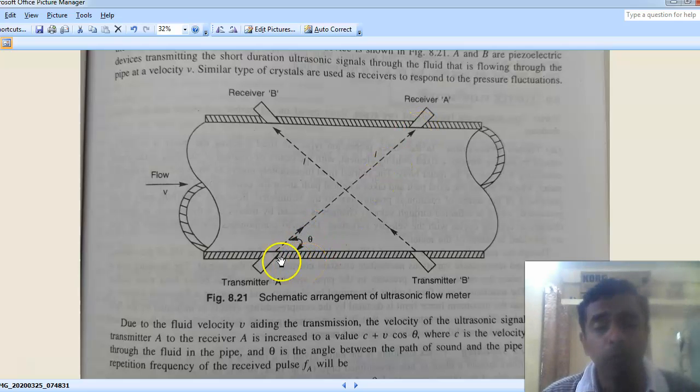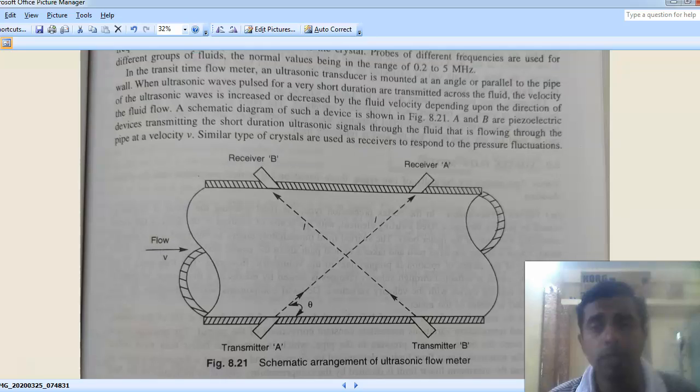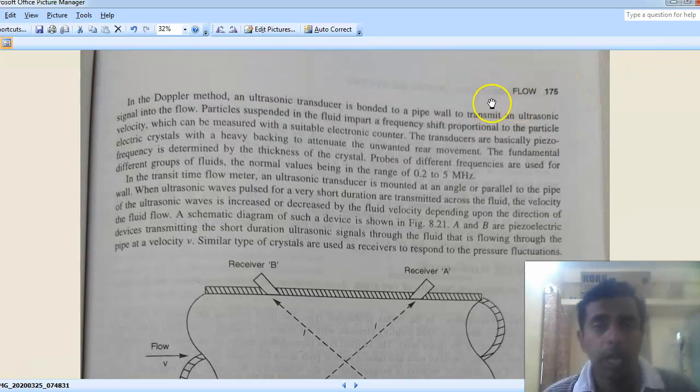Now, when they transmit these ultrasonics, which are ultimately mechanical waves, they will pass through the fluid and be received by the receiver, which is another piezoelectric crystal. These mechanical vibrations or waves will cause their own electrical signals. So what is actually the principle? The principle is that the particles suspended in the fluid impart a frequency shift that is mainly due to the Doppler effect.